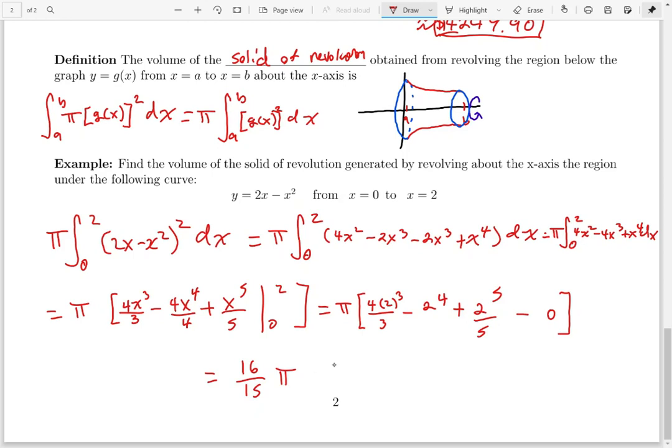If they want the exact value, that is the exact value. If they want an approximation, you can, of course, find that this is approximately 3.35 cubic units, because if we're talking about volume, then it's cubic units.